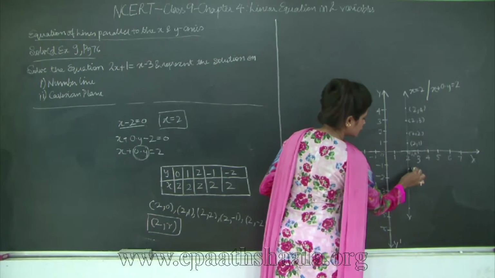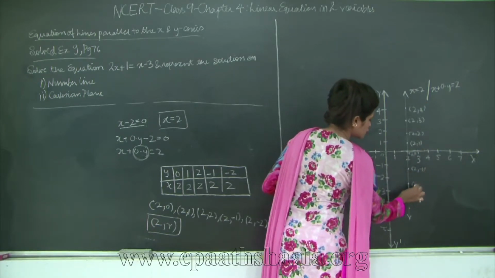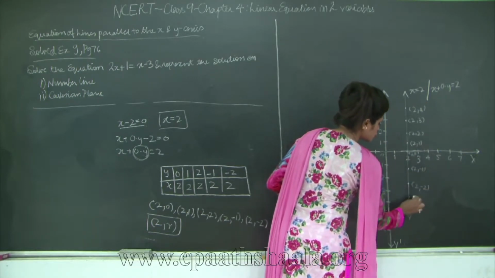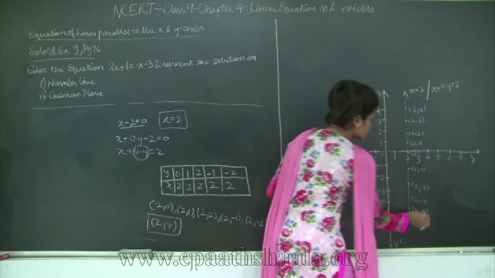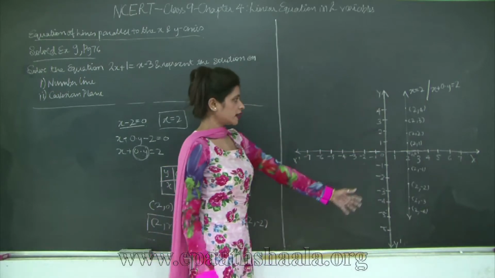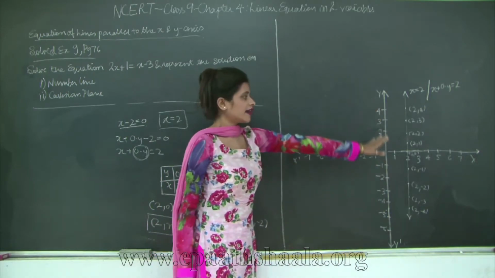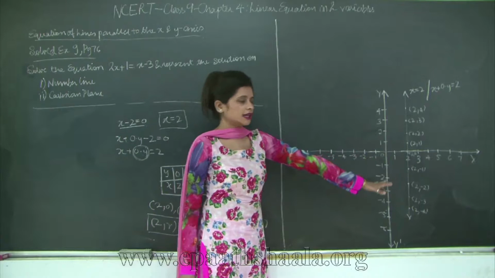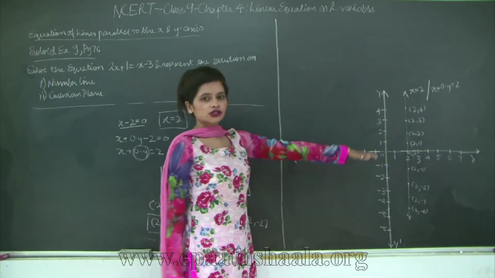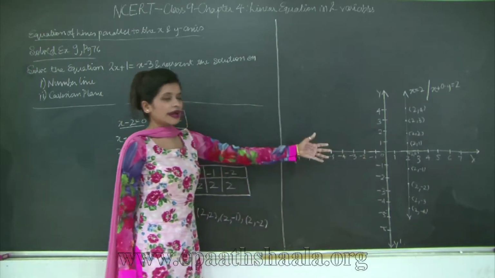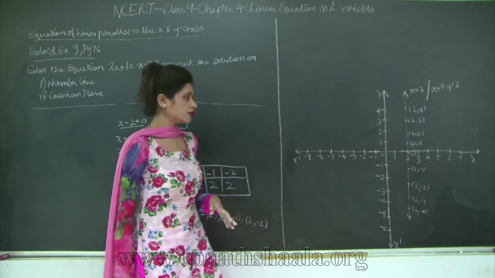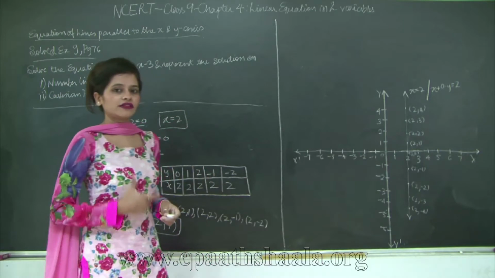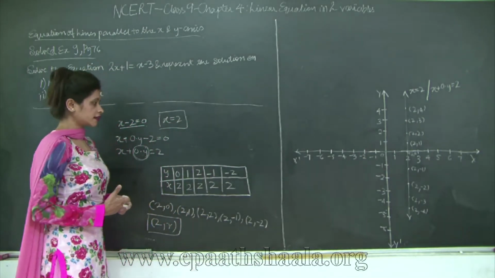Similarly, I have 2, minus 1, 2, minus 2, 2, minus 3, 2, minus 4. So for equations of lines parallel to my y axis, the value of my x coordinate is going to be the same, constant throughout, and similarly for lines parallel to my x axis, the y coordinate is going to be constant throughout, and the value of the x coordinate will keep fluctuating.